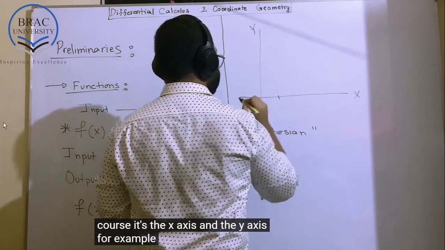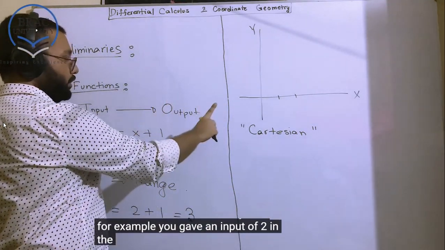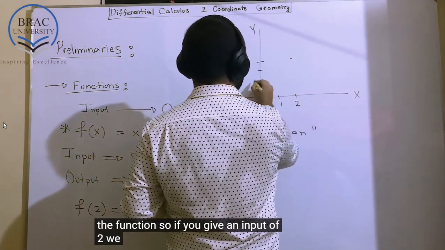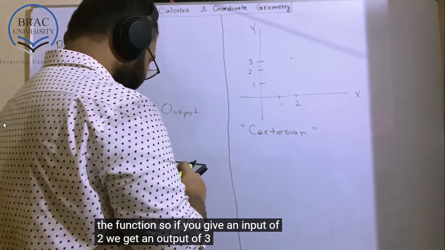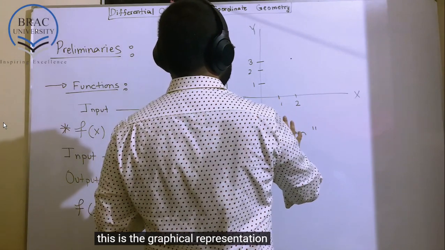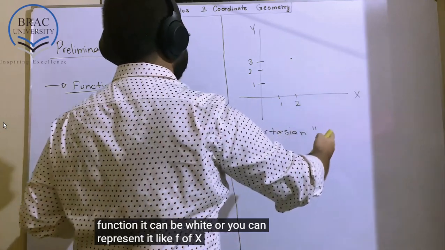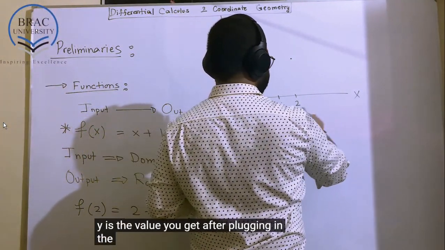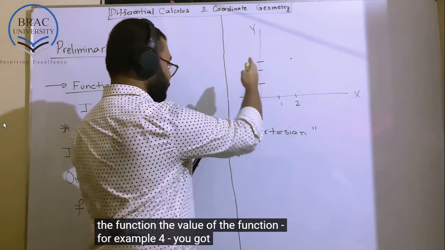For example, you gave an input of 2 in the function. If you give an input of 2, we get an output of 3. This is the graphical representation of a function. It can be y, or you can represent it like f of x. It's the same thing. Y is the value you get after plugging in the function. For 2, for example, you got 3.